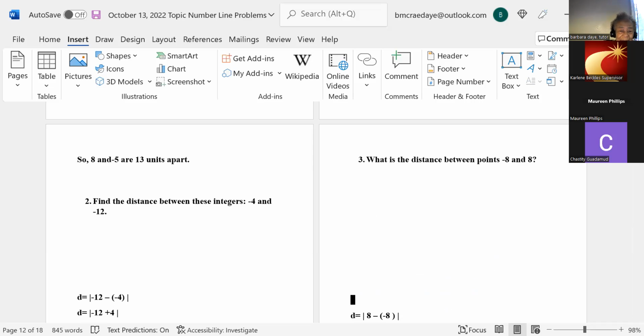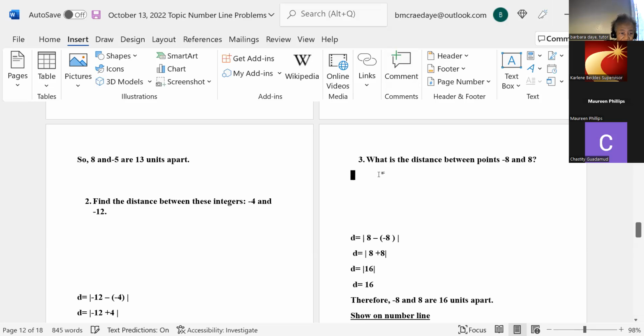Because -8 to 0 is 8, and then from 0 to 8 is 8. You just add the two, right? You just picture it on the number line. Picture a number line, 0 in the middle, negative on the left, positive on the right. So to go from -8 to 0, you moved 8 units, right? And then to go from 0 to 8 is another 8. So your answer is 16.